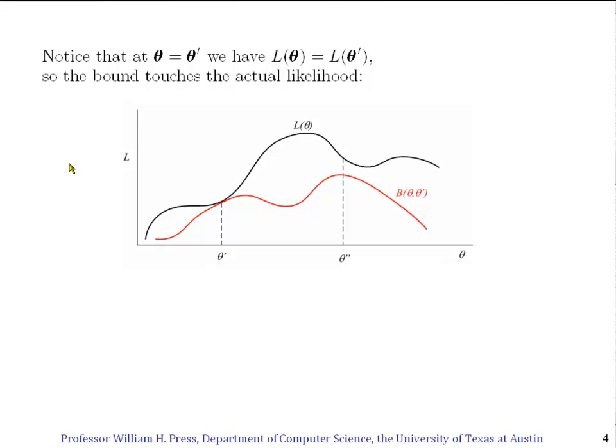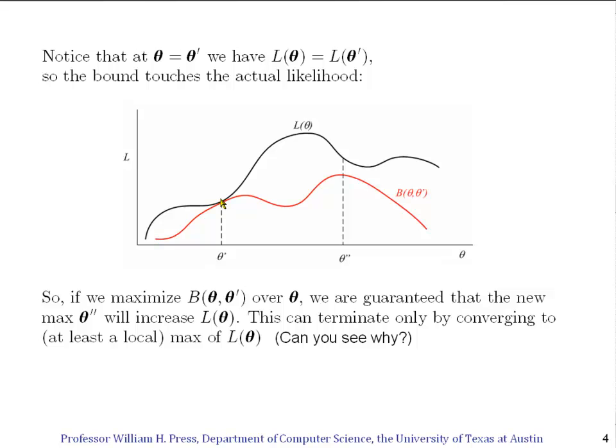So how do we put that all together? This is what I've just said. At theta equals theta prime, we have that L of theta is equal to L of theta prime, obviously, and our bound B, which is here drawn, touches the likelihood, the true likelihood function L of theta. Okay, so the idea now is that we start off setting theta equal to some guess theta prime.